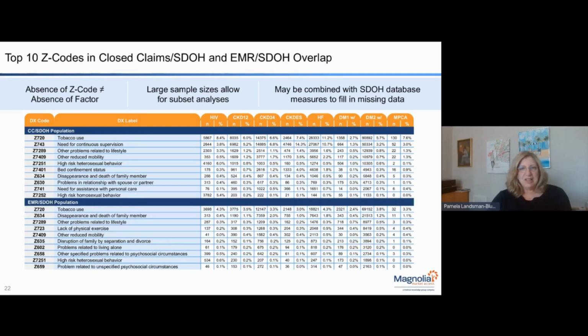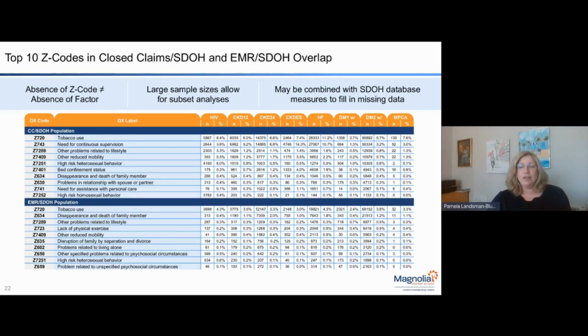But you can see while the percentages may be low, for some of these, the sample sizes are quite high. That will allow you to conduct subset analyses, which can be just as informative as if you had the yes and the no, and could include that in a model or in your analysis in some other way.